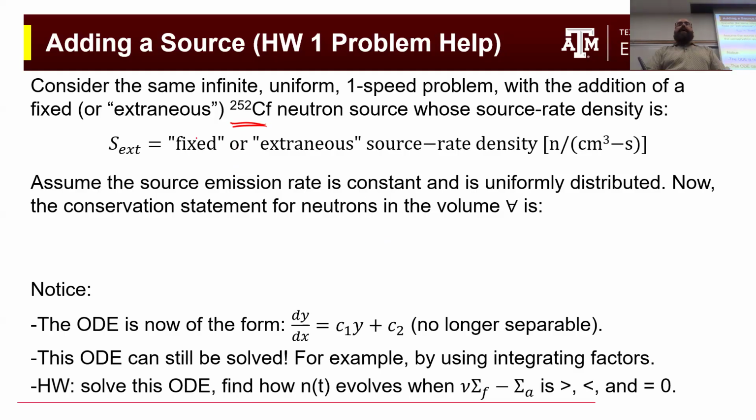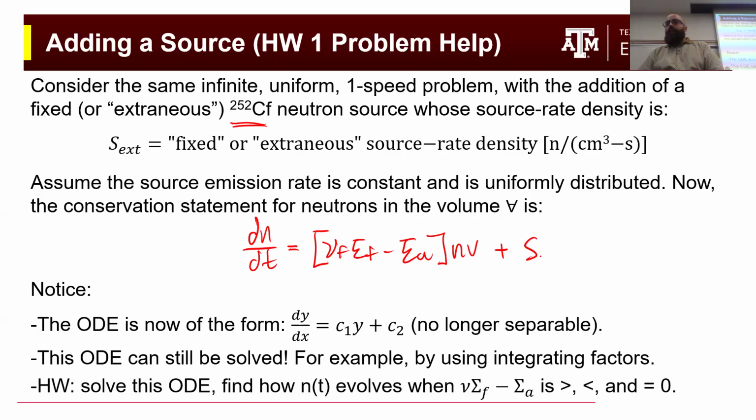So if we had this extra source term in our equation, then we would have an extra gain mechanism because of that source producing neutrons into the medium. And if we were to write our differential equation, including that source term, we would have something that looks like this. It's going to look basically just like what we had before, nu f sigma f minus sigma a times nv, but then we're going to have an extra gain term, which would be representing that external source.